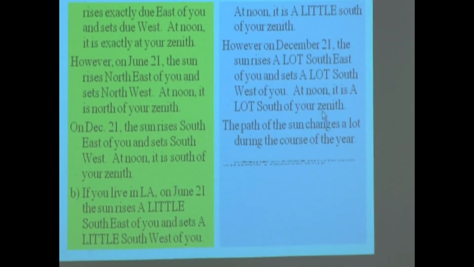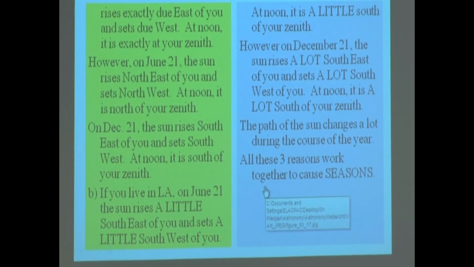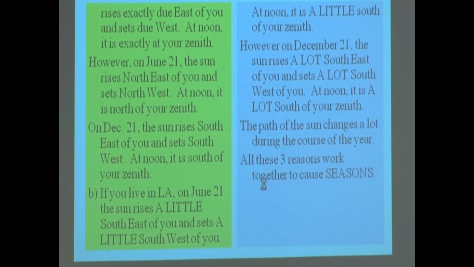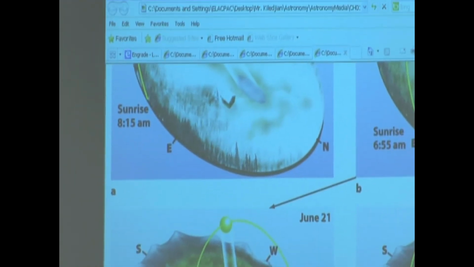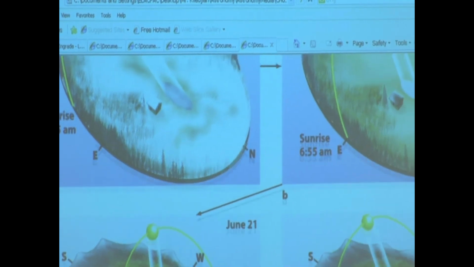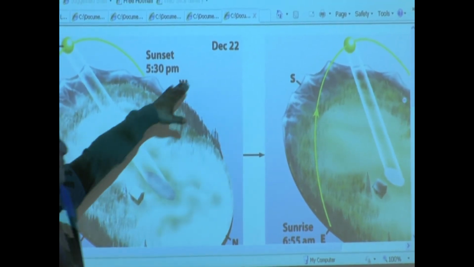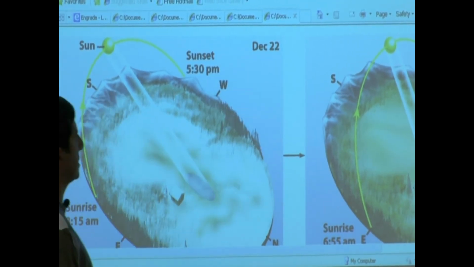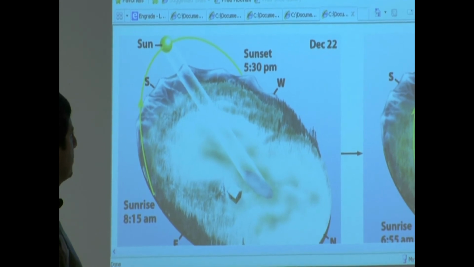And as a matter of fact, I have a picture that kind of summarizes all three. Watch this picture here. You could show them this picture. What's cool about it is it takes all three reasons and puts them into one. You see here, on December 21 or 22, here's what's going to happen. I love this one.